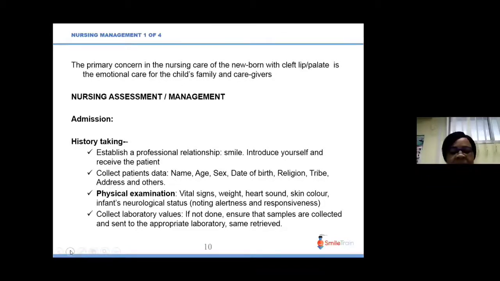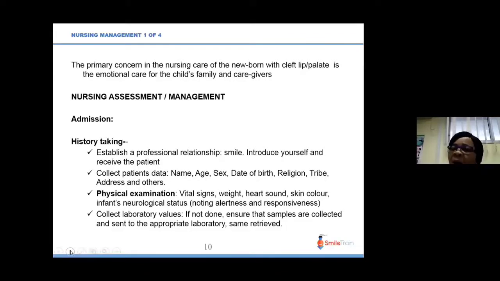Now, the next thing to do when you receive this child is physical examination. On your physical examination, the first thing a nurse must do is to do vital signs. The vital signs of this child are the heartbeat, the temperature, the pulse, weight, a lot of weighing. In this weighing, why do you weigh?